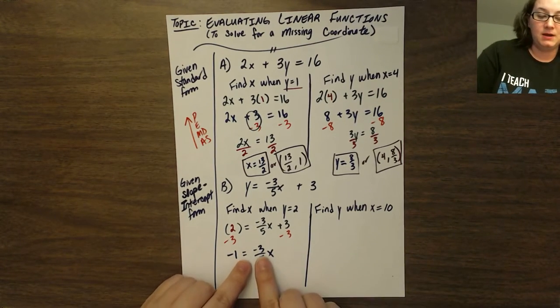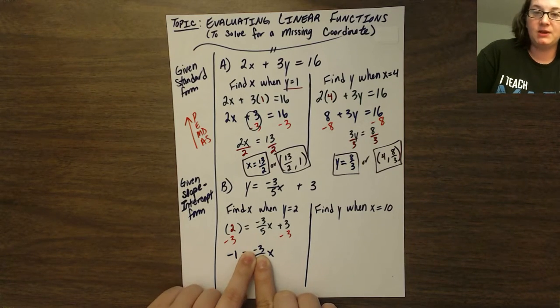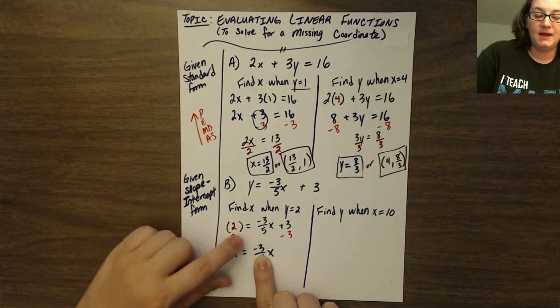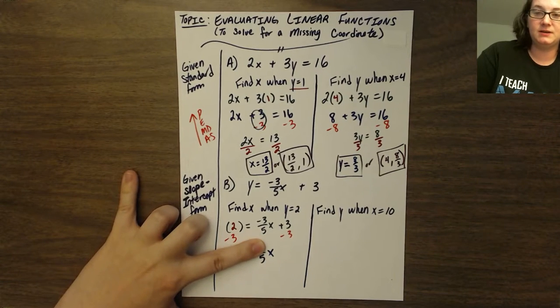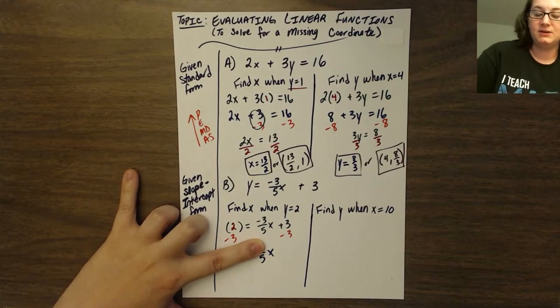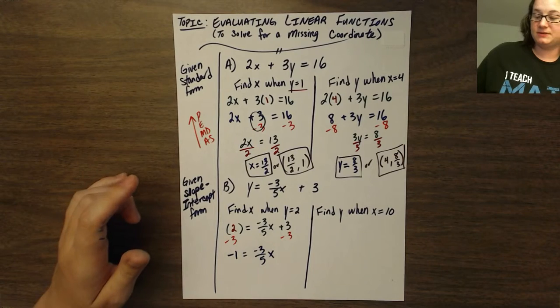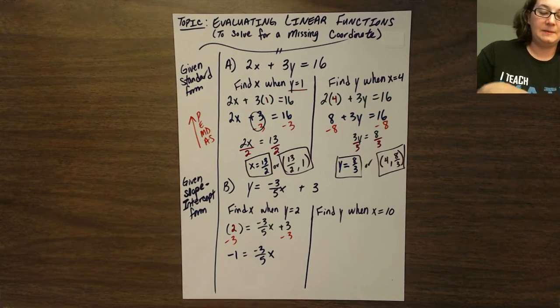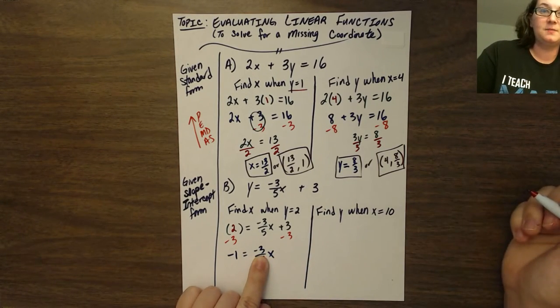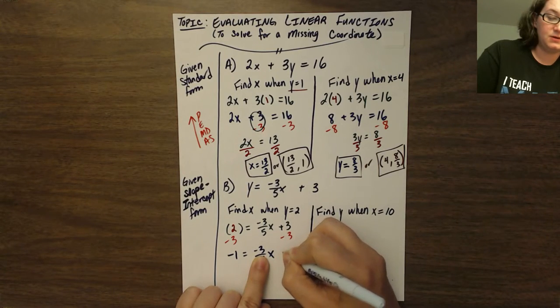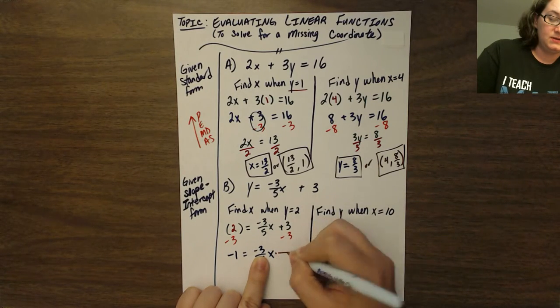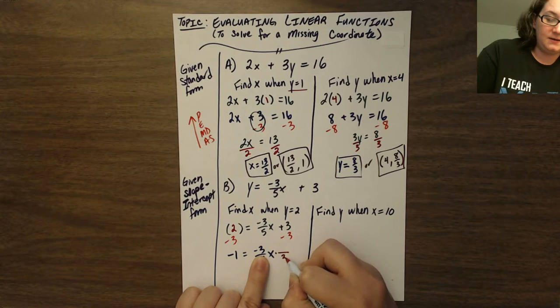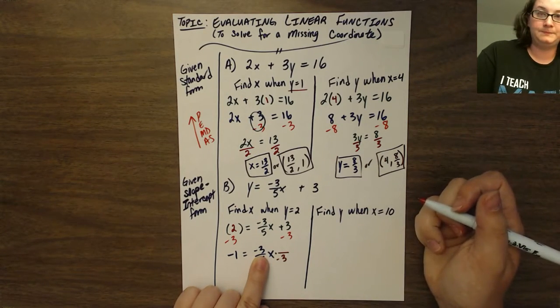Here, I have a multiplication by a negative 3 and a division by a 5. So I need to get rid of both of those at the same time. So the opposite of multiplying by negative 3 would be to divide by negative 3.